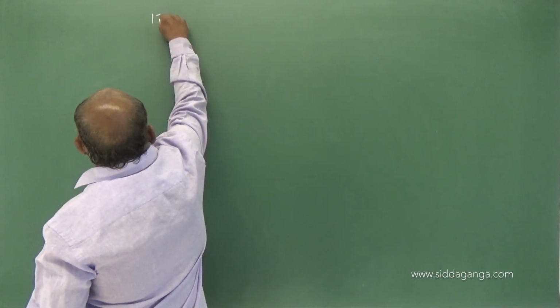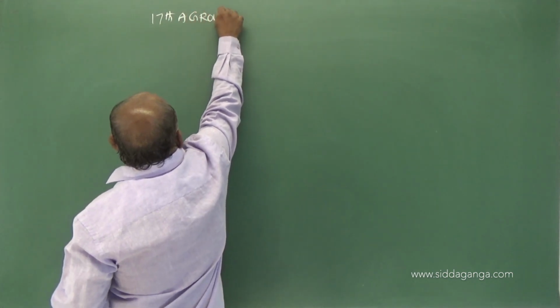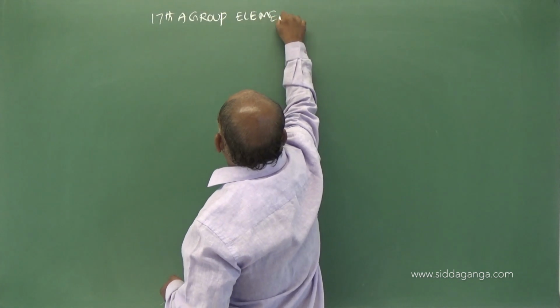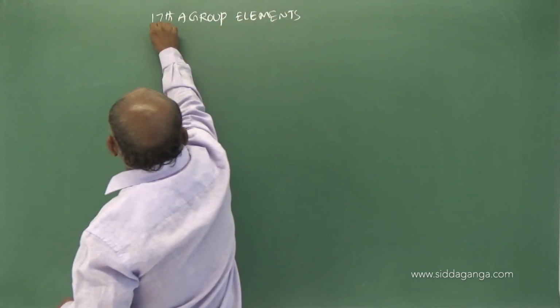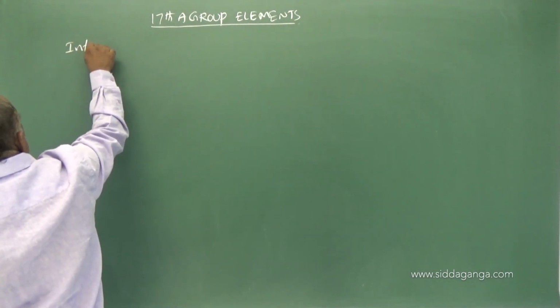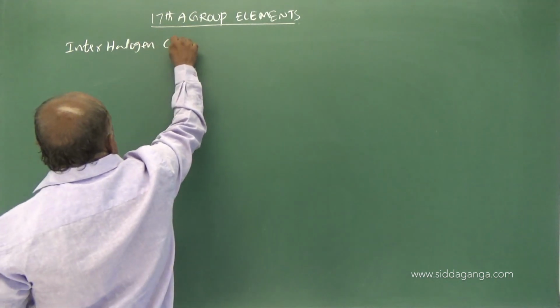So 17th A group elements, the topic is interhalogen compounds.